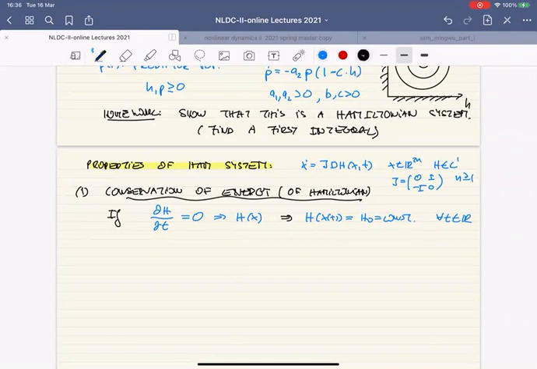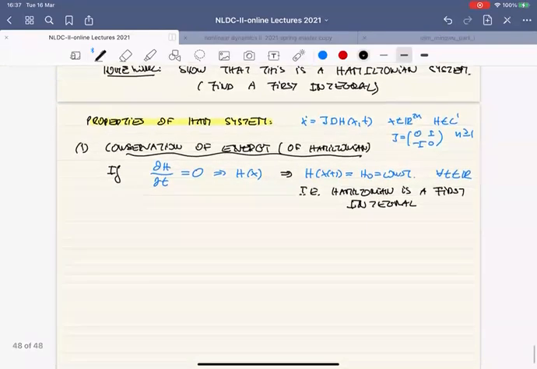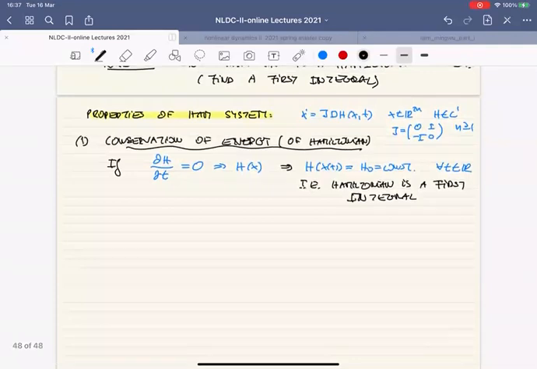So in other words, i.e., the Hamiltonian is a first integral. So if you're able to establish a Hamiltonian structure for the system, then immediately it gives you a conservation law, and you don't have to check it on an individual basis.